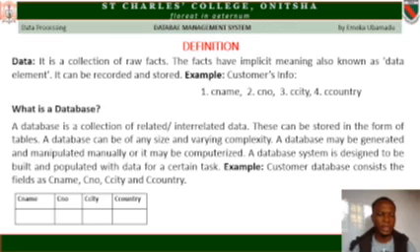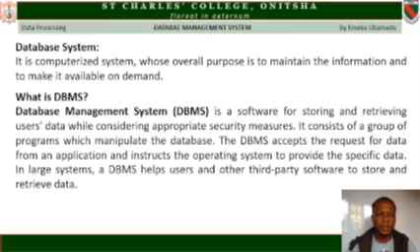So looking at that illustration table, you will see what we mean by a database. Let us look at database system. It is a computerized system whose overall purpose is to maintain the information and to make it available on demand. This is a type of system that makes information available on demand.